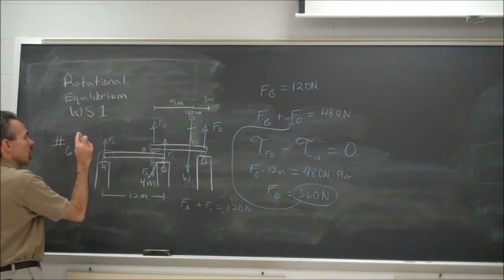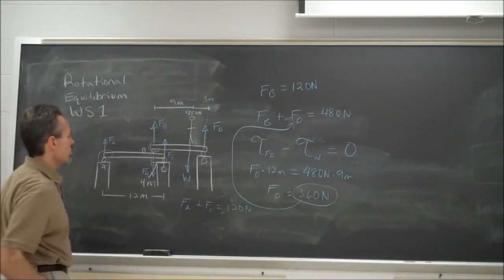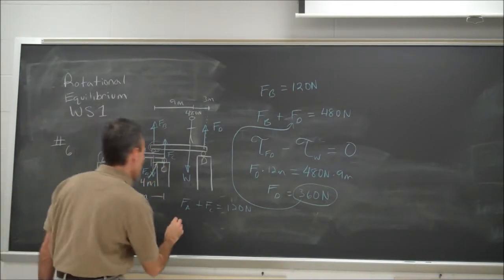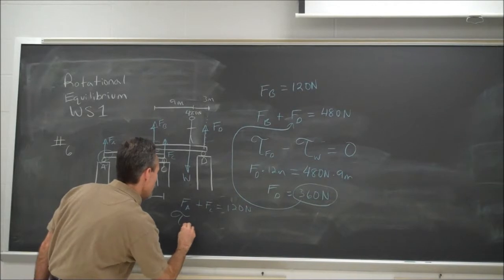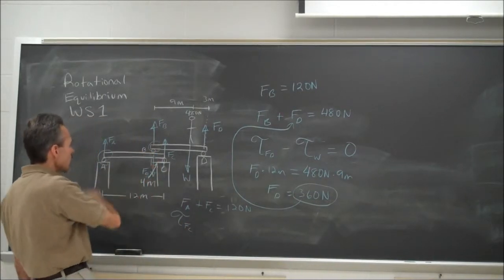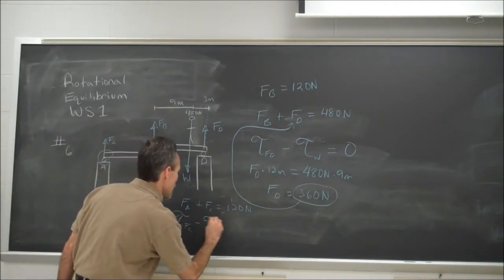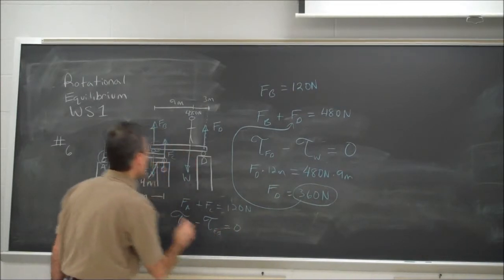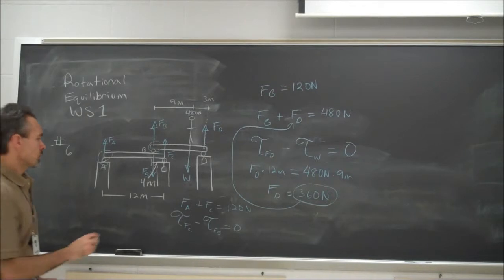That will eliminate the torque from this FA force. And so I can say the torque that this one creates, which will be positive, so torque from FC minus the torque from FB has to be equal to 0, because again it's in rotational equilibrium.